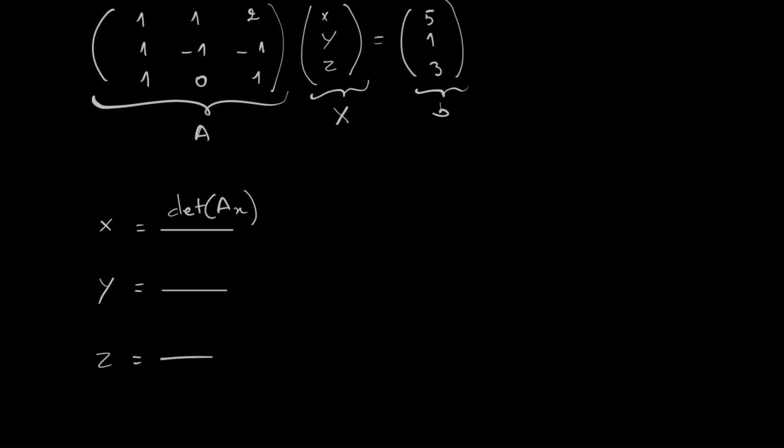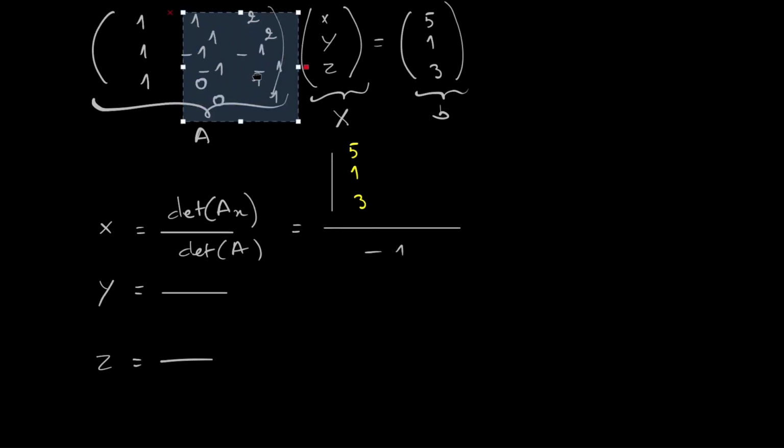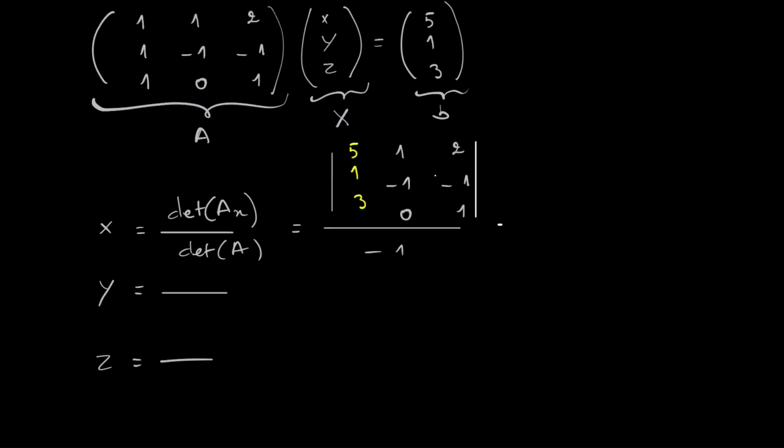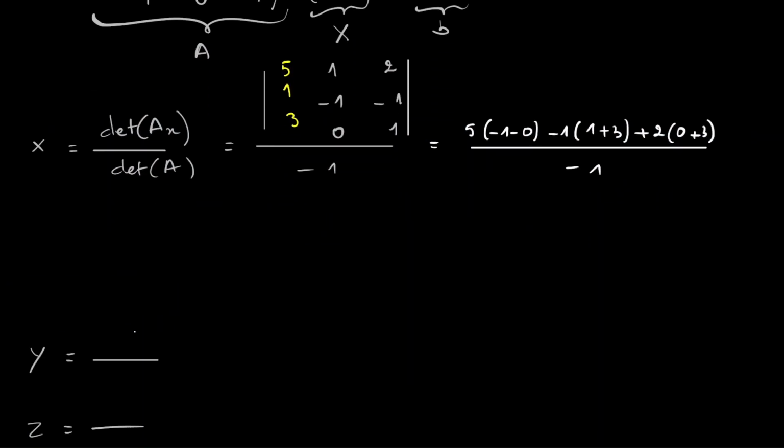First, we have to calculate the determinant of Ax divided by the determinant of A. We only have to substitute the vector b inside the matrix. Then we calculate the determinant. I need more space, which is minus 3 over minus 1, which is 3.